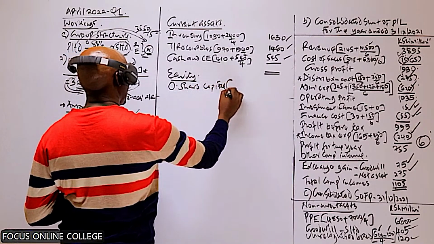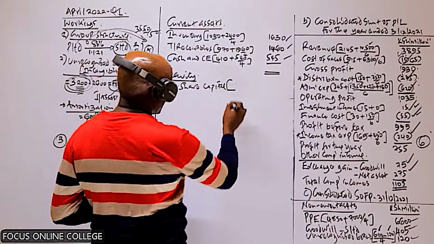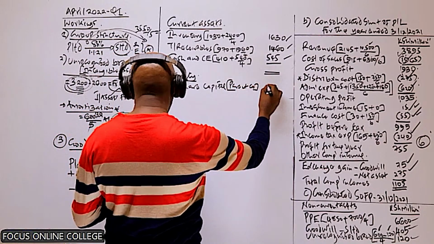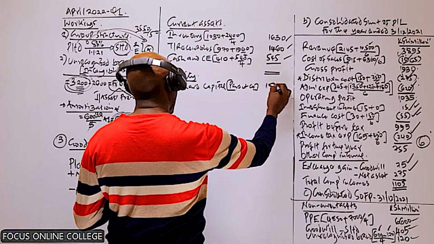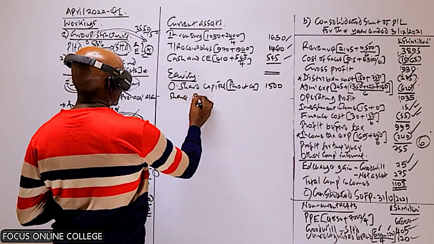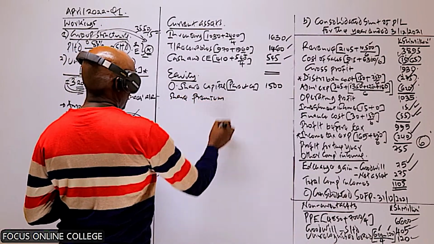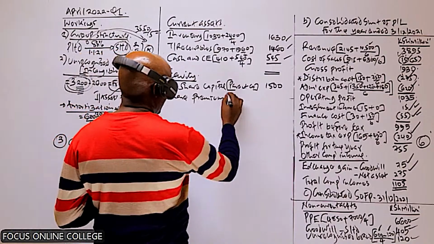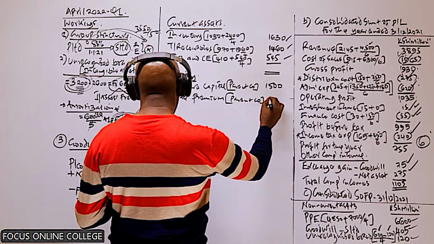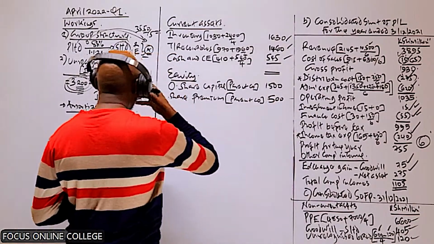For the ordinary share capital, basically we know that we only include the share capital of the parent, which is 15. So below that we have a share premium. Share premium will also include that of the parent company only, which is 500.